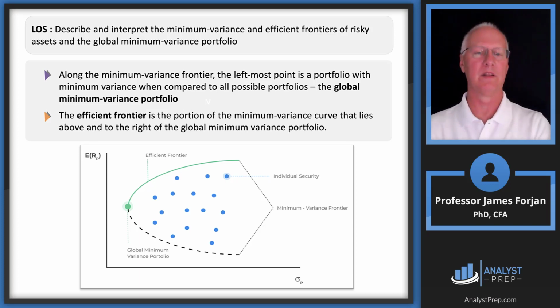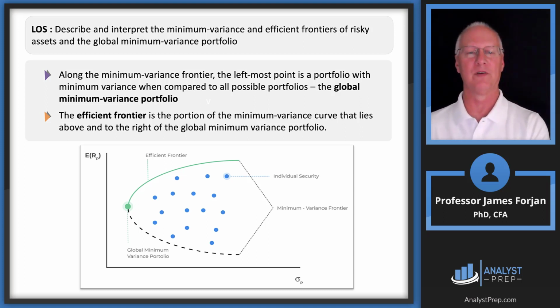So I want to go back to this graph here. This is so cool. I spend so much time talking about this during the semester. And then I have my students go to the Morningstar software and download data on mutual funds, and we play around with efficient frontiers. You can do all this stuff with Morningstar. It's really, really cool.